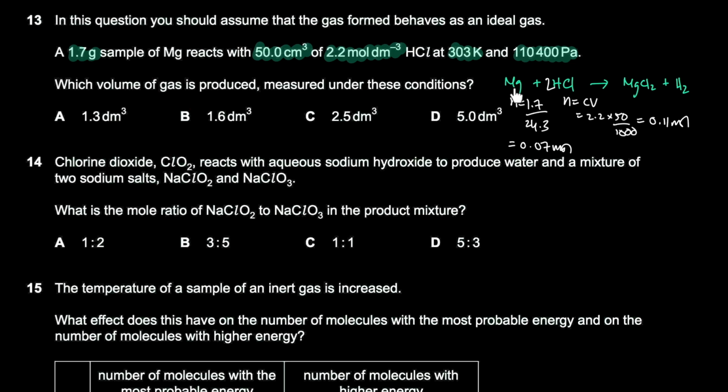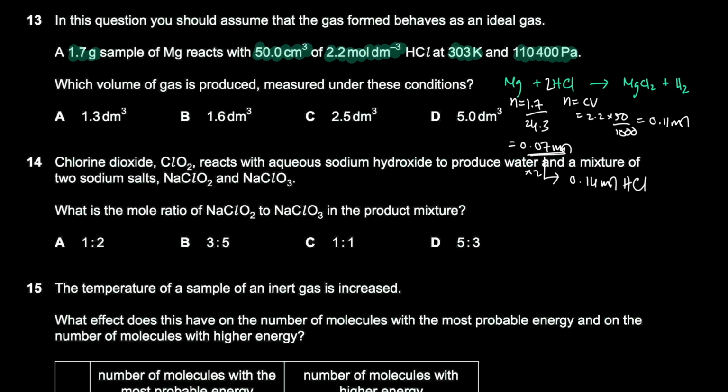Magnesium is in excess because if we have 0.07 moles of magnesium, it's going to react with 0.14 moles of HCl, because 1 mole of magnesium reacts with 2 moles of HCl. So if we have 0.07 moles of magnesium, we need double the number of moles of HCl. We don't have enough HCl to react with all the magnesium.